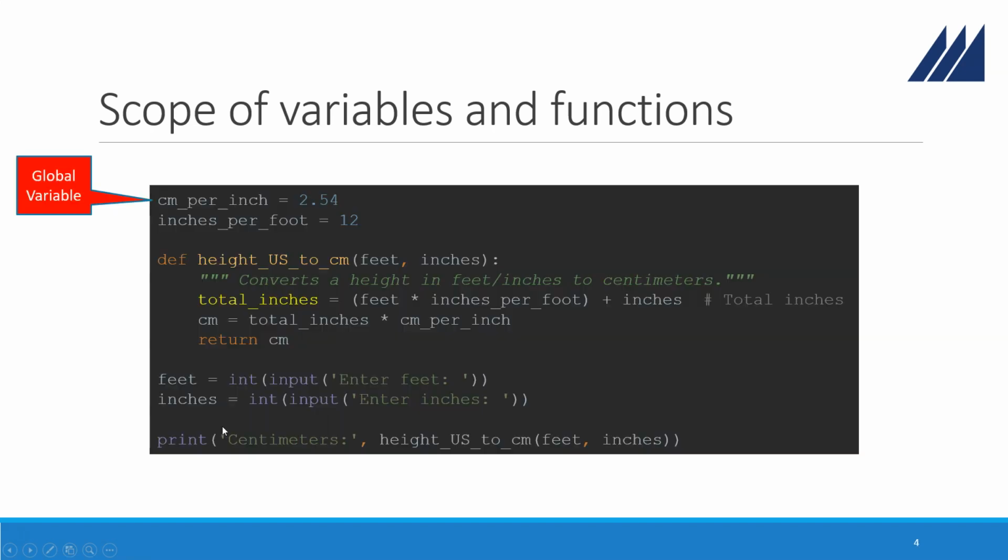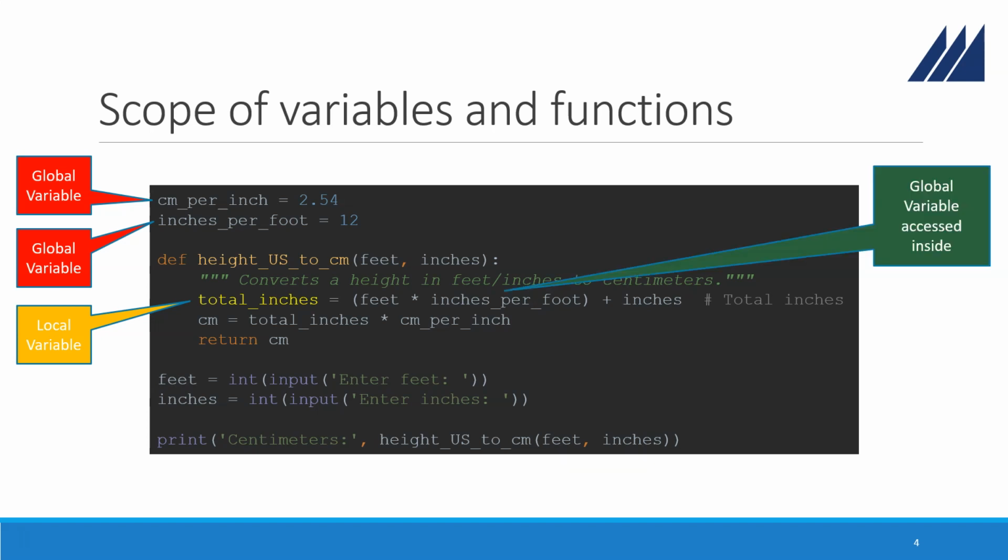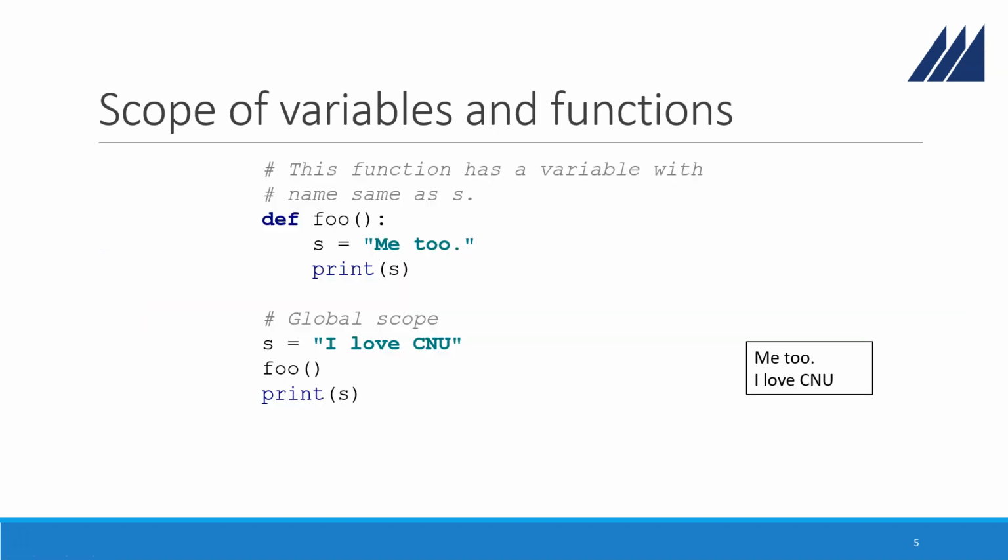And what about total inches? Total inches is a local variable. It's inside the function only. It's not used outside the function. And as you see from here, inches per foot, which we defined earlier outside the function, is actually accessible inside the function.